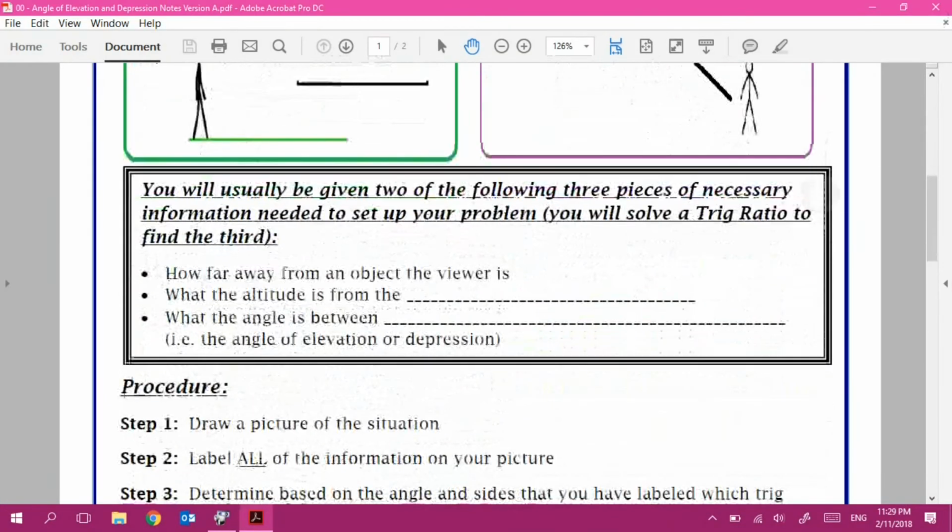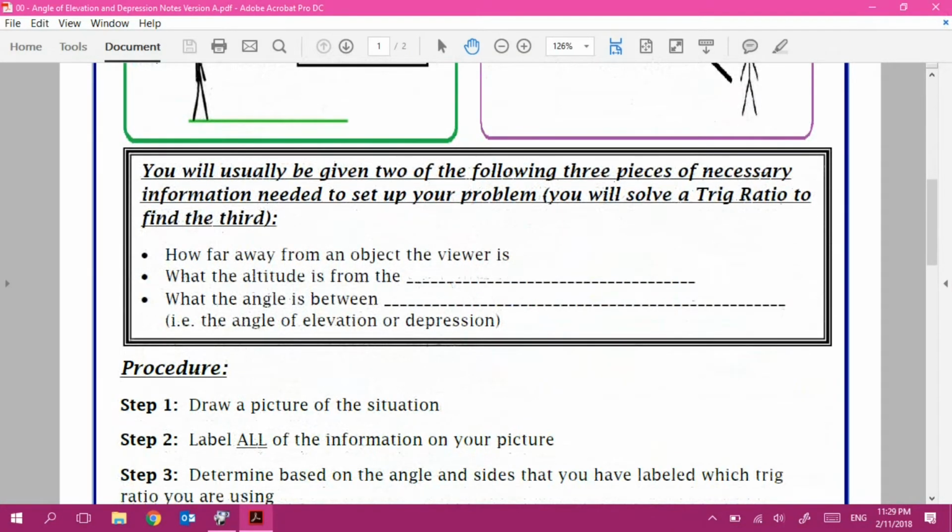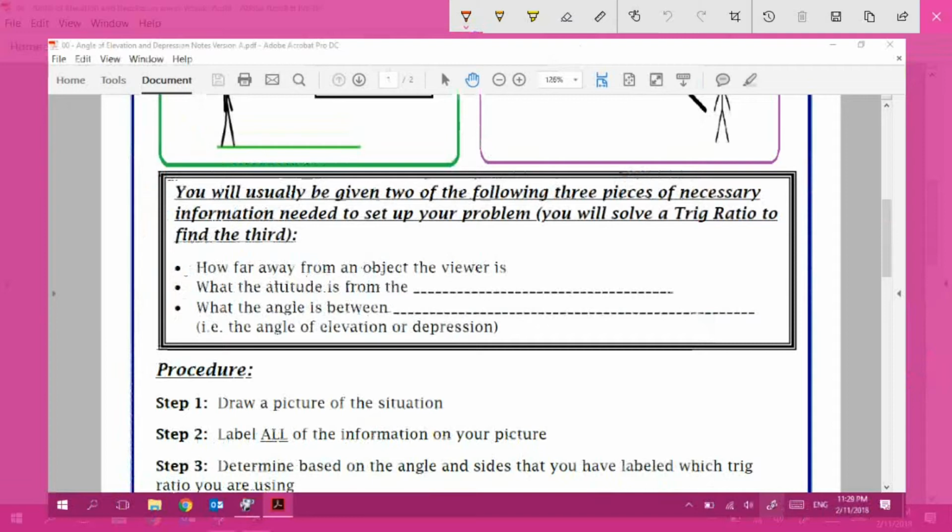And so usually you're going to be given, check this out, two of the following three pieces of necessary information needed to set up your problem. So one, you're either going to be given how far away an object from the viewer is. Two, you're going to be given maybe the altitude from the ground to the object.